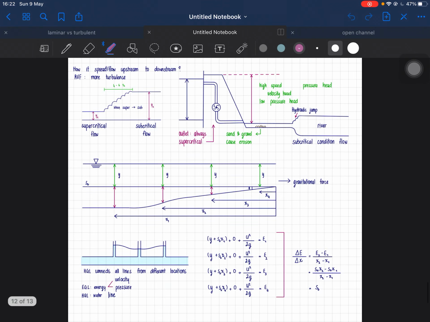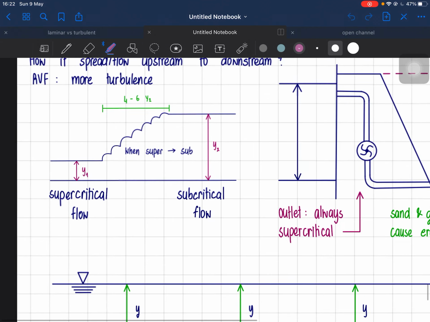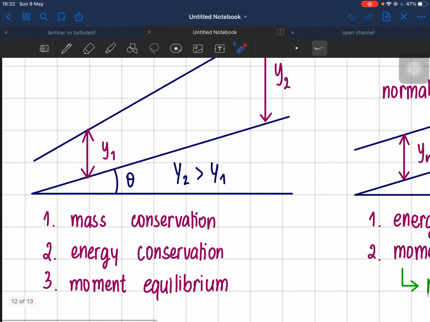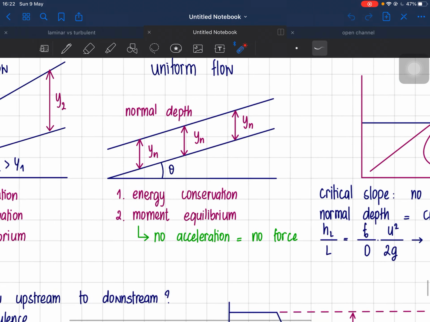Where is it? Here, the hydraulic jump. The water is trying to jump. Okay, so now we need to find the force that is on the gate. Why do we need to find the force? Because as you can see, in the uniform flow, there's no acceleration, no force.